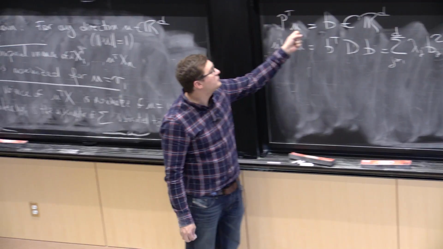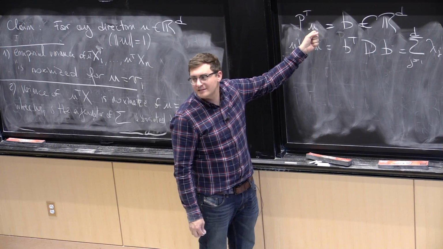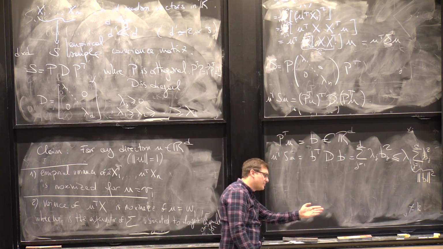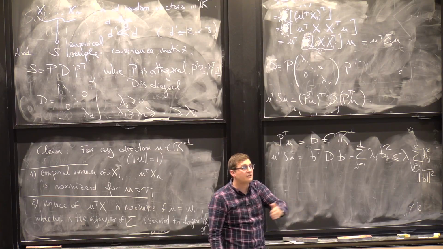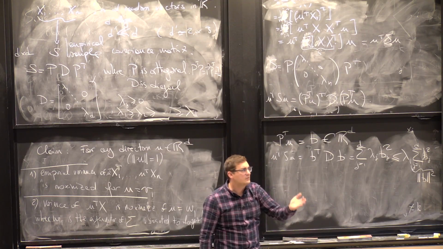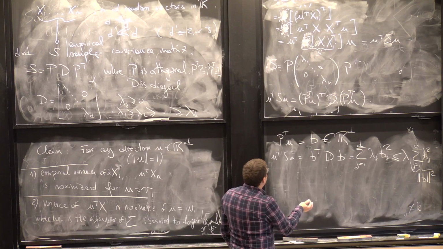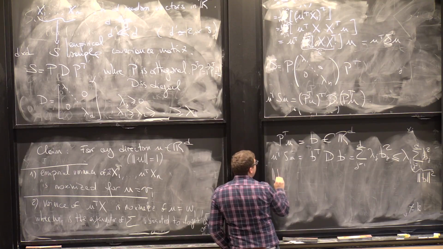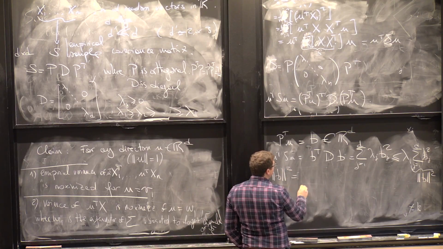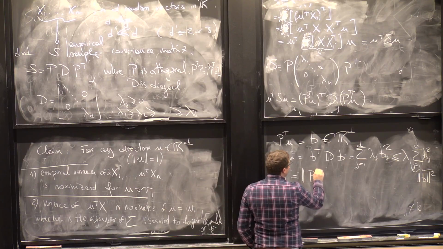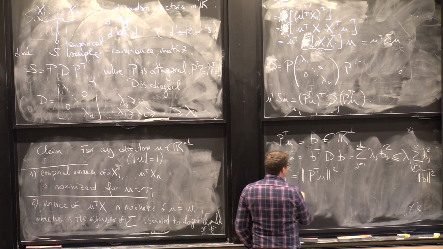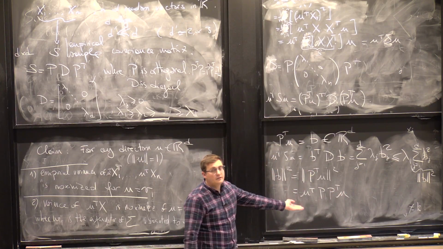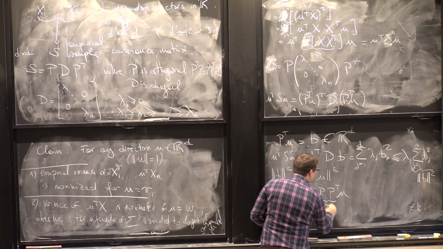Why? Well, because B is really just a change of basis for U, right? And so if I take a vector, I'm just changing its basis. I'm certainly not changing its length. Think of a rotation. I mean, I can also flip it, but think of a rotation. And so now I just have to check that the norm of B squared is equal to the norm of P transpose U squared, which is equal to U transpose P P transpose U. But P is orthogonal, so this thing is actually just the identity.